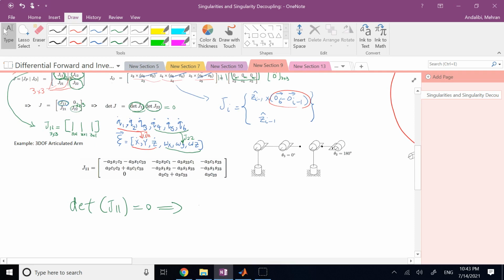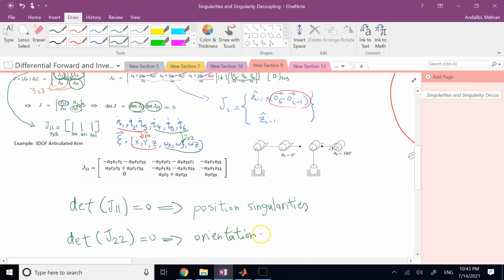Yes, we call them position singularities. And when we set the determinant of J22 equal to 0, we call it what? Orientation singularities, or we might call them the wrist singularities.